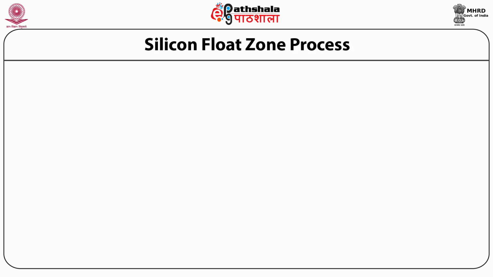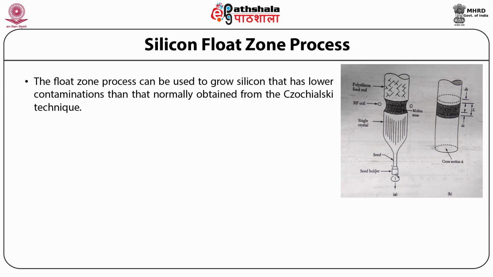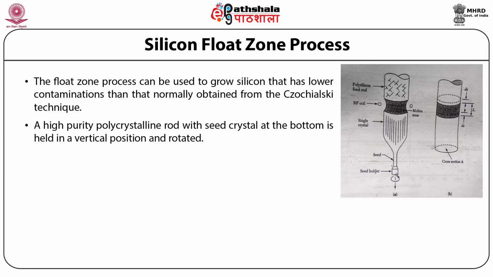The second type of process is the silicon float zone process, whose schematic is shown here. The float zone process can be used to grow silicon that has lower contamination than that normally obtained from the Czochralski technique. A high purity polycrystalline rod with a seed crystal at the bottom is held in a vertical position and rotated.